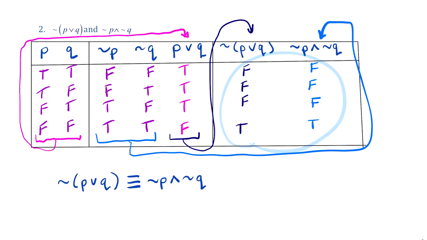All right, so this also happens to be one of De Morgan's laws, which are used a lot. I've been consulting with one of our professors who teaches computer science, and he said, make sure they know De Morgan's laws, all right?